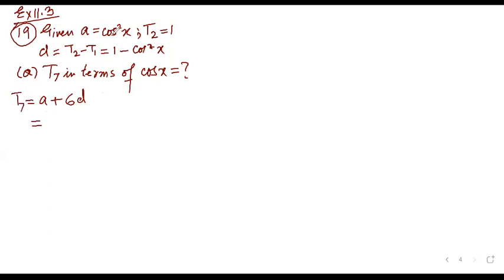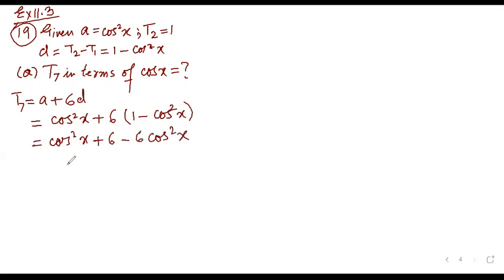What is A? A is cos square x, plus 6 times D, and D is 1 minus cos square x. So cos square x plus 6 minus 6 cos square x. So this will be 6 minus 5 cos square x, and this is the answer for part A.